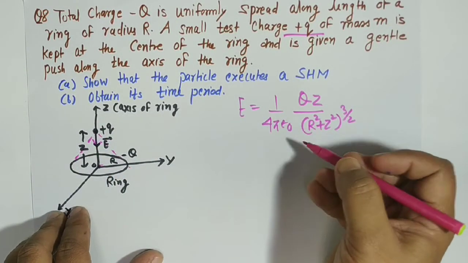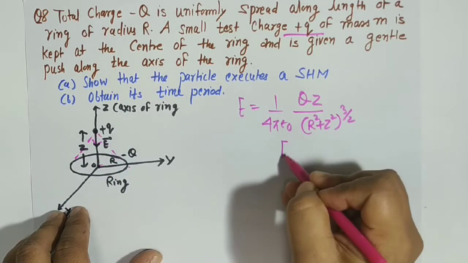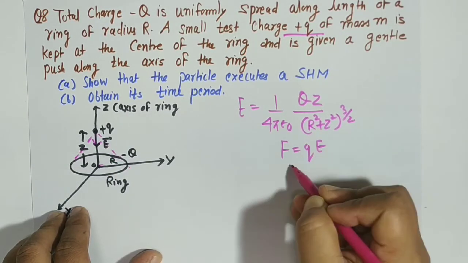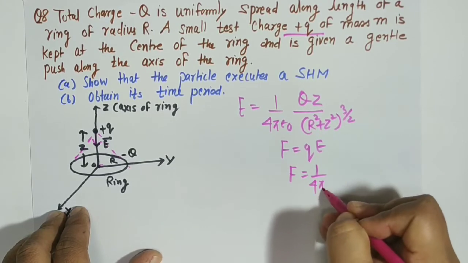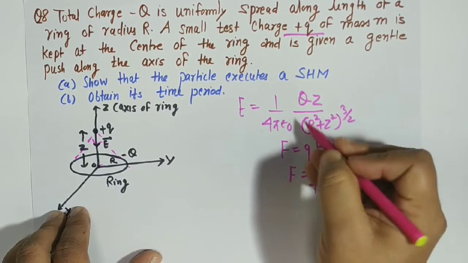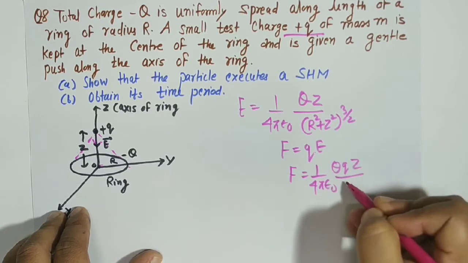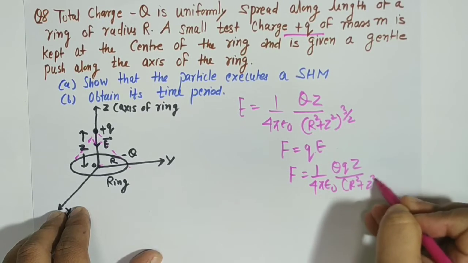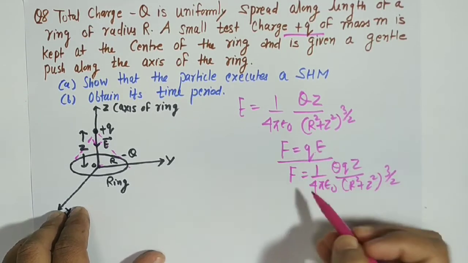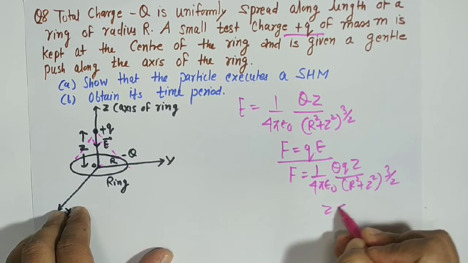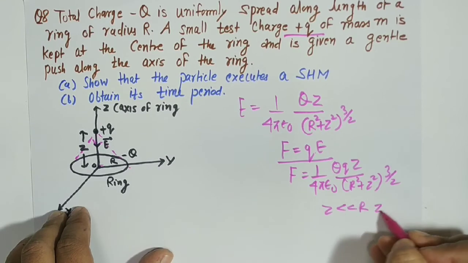When this is the electric field, what will be the force on the point charge? qE. So I can write 1 upon 4 pi epsilon naught q, and now it is qz by r square plus z square to the power 3 by 2. Very simple. This is the force. And do you know here z is less than r? So z square is neglected.